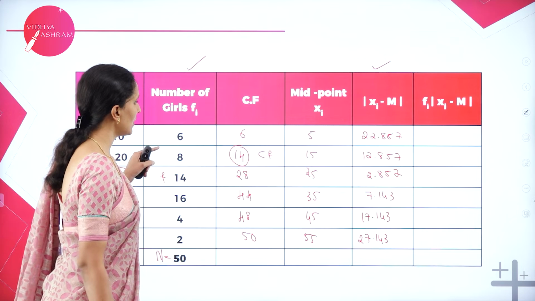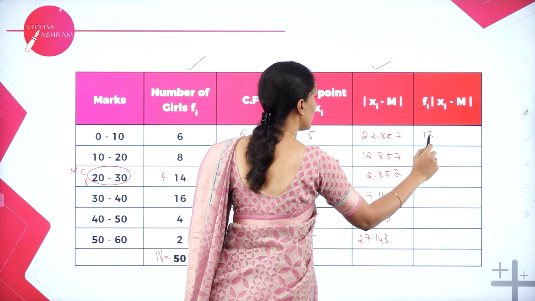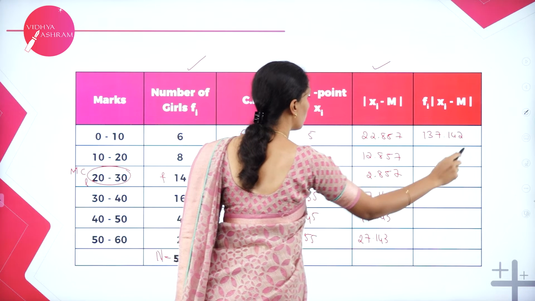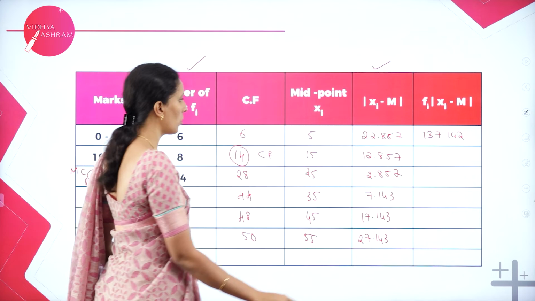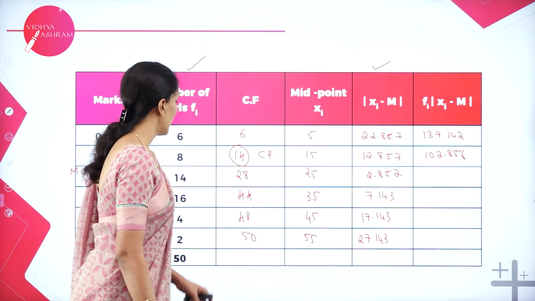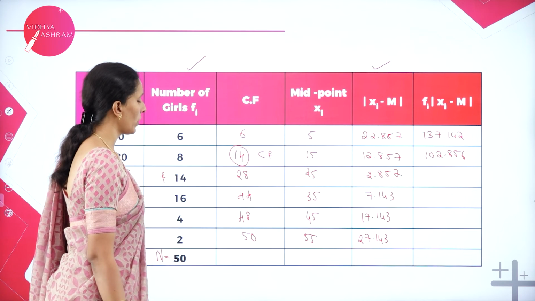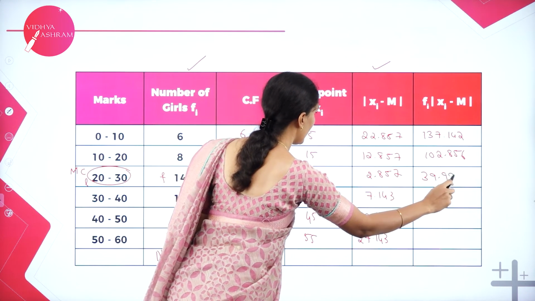Now let us multiply the frequency along with this column. So you have 6 into 22.857. So it is 137.142. Next we have 8 into 12.857. So it is 102.856. Next it is 14 into 2.857. So the value is 39.998.